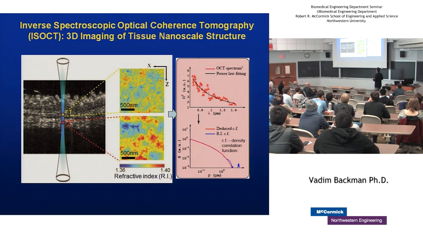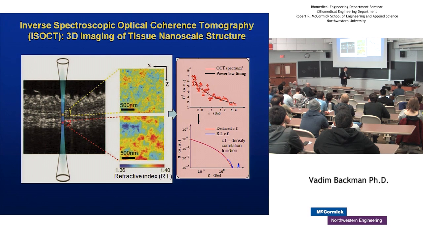One example of this technique is what is called inverse spectroscopic optical coherence tomography, or ISOCT. The principle here is the following. You don't have to always resolve the structure in order to understand what it is. Some things are detectable but not necessarily resolvable, and that's okay. That's what the technique is supposed to do.